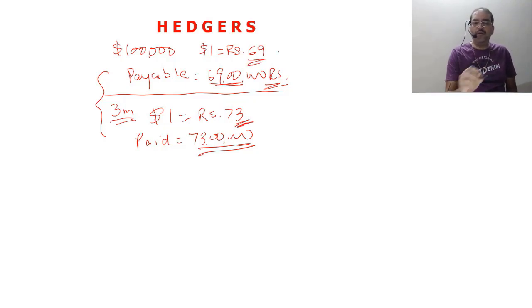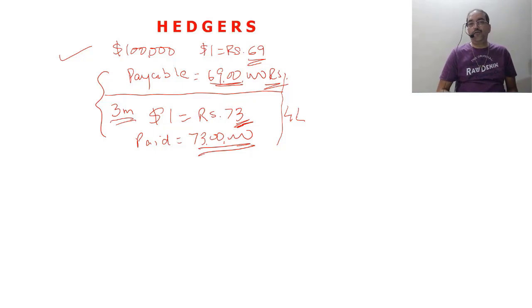Earlier I had to pay only 69 rupees. So the rupee has depreciated and the dollar has appreciated. So the risk is open. At that stage, I had a risk, so I was a hedger. Now I have not taken any cover, so I end up in a loss. That loss is of 4 lakhs.